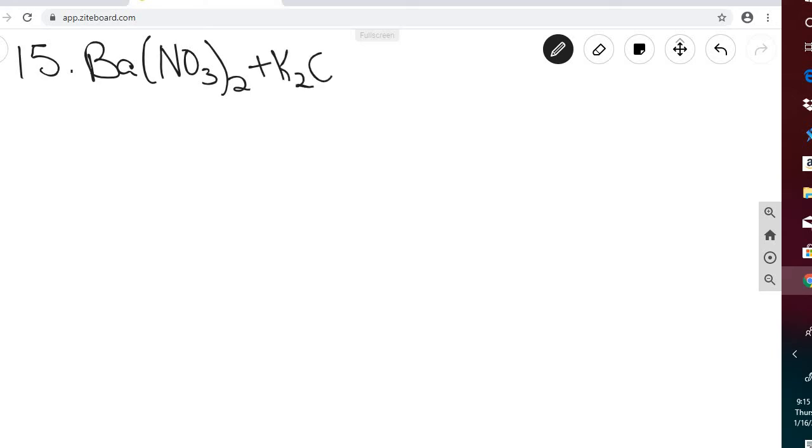Okay, next we will do number 15. So again, we're given a formula. Okay, so there's our chemical reaction, and we're told that we have an excess of this, so that's just telling us that that's not going to be the limiting reactant.